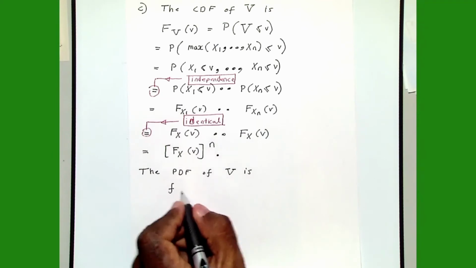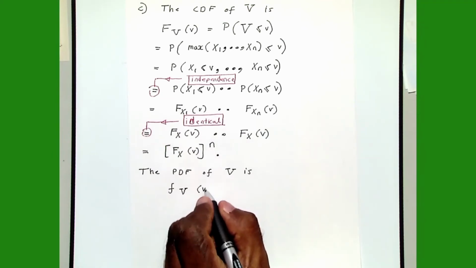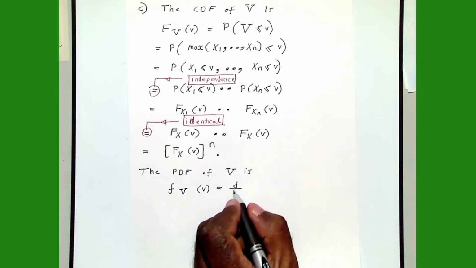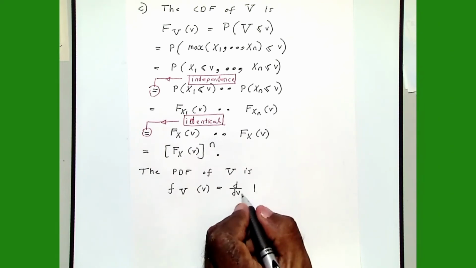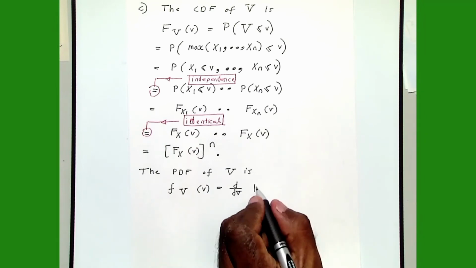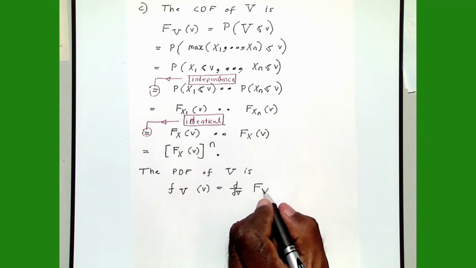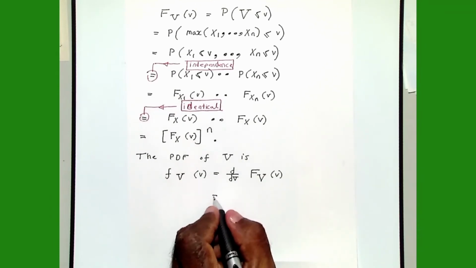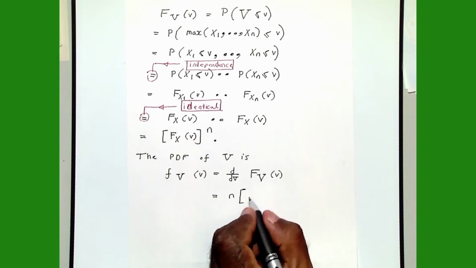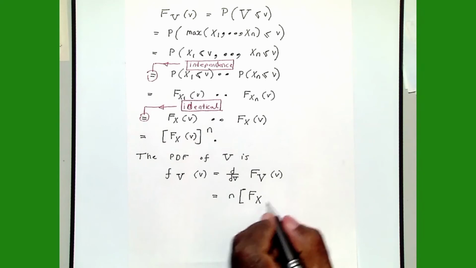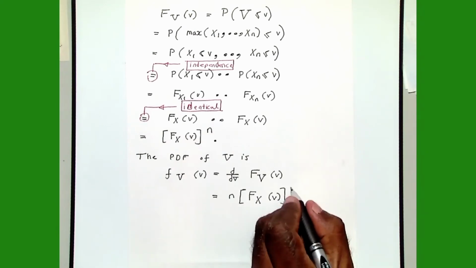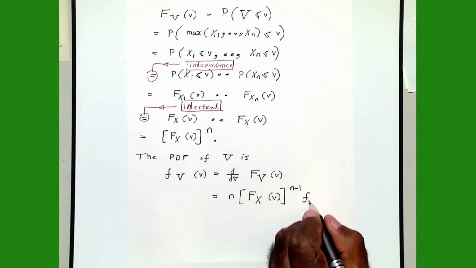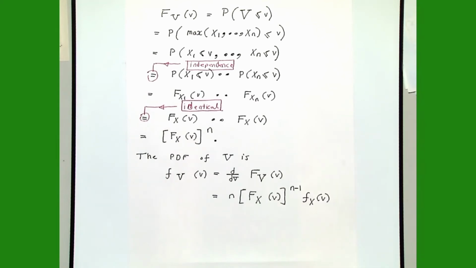So if you differentiate this, you get this. This is what you get. Okay. All right, so that's variable 3.